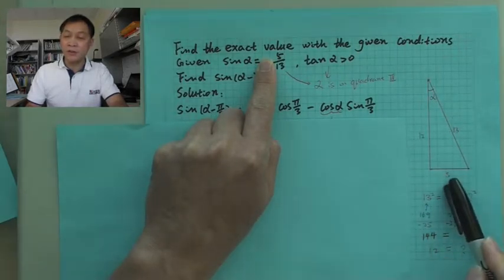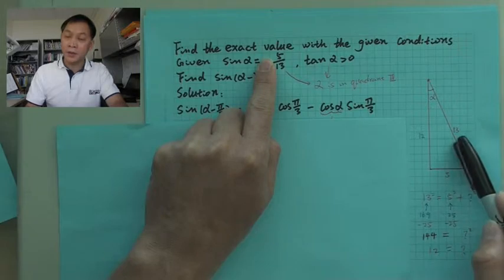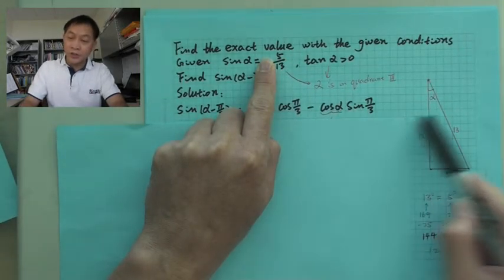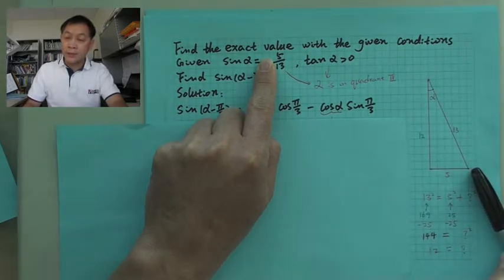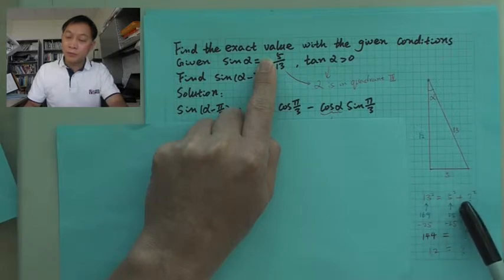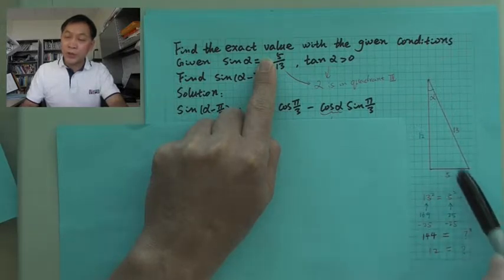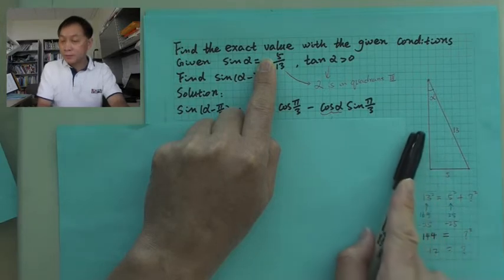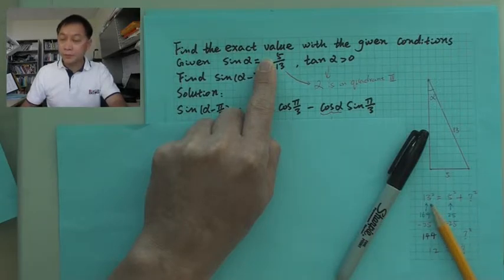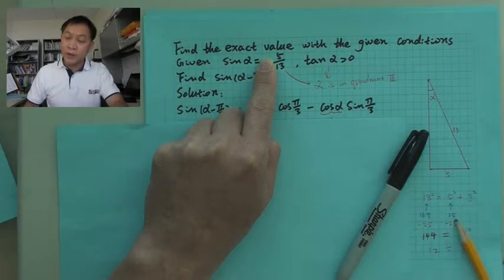If here is 5, here is 13, because that's opposite side over hypotenuse, then that will be 5 squared plus a question mark squared, this leg squared, should be equal to 13 squared. And then 5 squared is 25, 13 squared is 169.